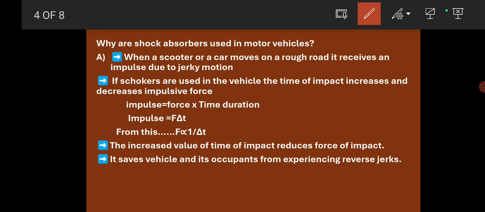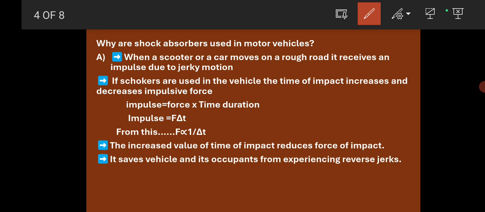So when a scooter or car moves on a rough road, it receives an impulse due to jerky motion. On uneven roads, you will experience jerky motion, whereas on smooth roads the vehicle will go without any jerky motion. But on uneven roads, you will find jerky motion, and that jerky motion creates the impulse.